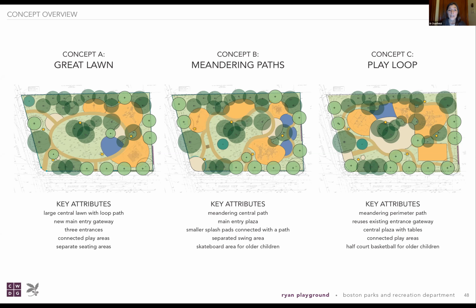Now, if there were skateboarding or basketball, which is a terrible idea, when would they open and close, and would they be locked? This is a fairly small site, so I do not foresee having locking gates around anything that we would be installing, because I think it would make it feel too small and constrained.